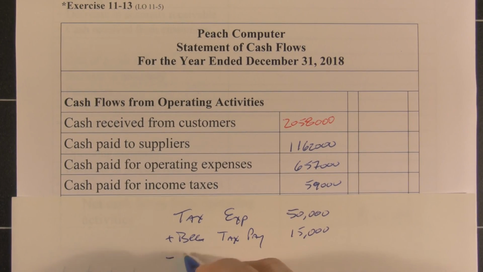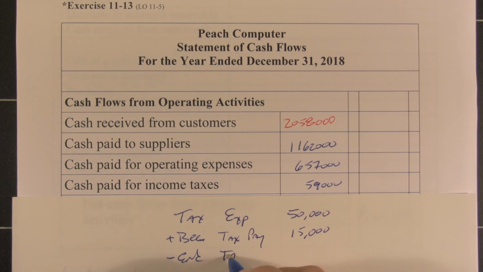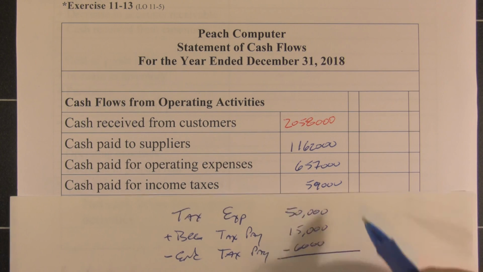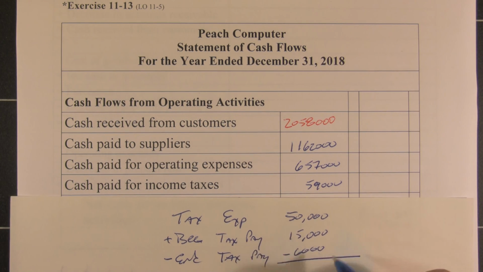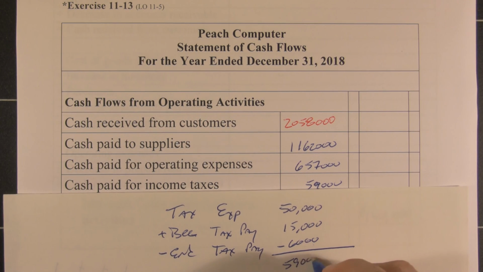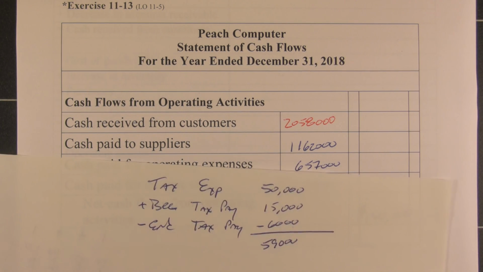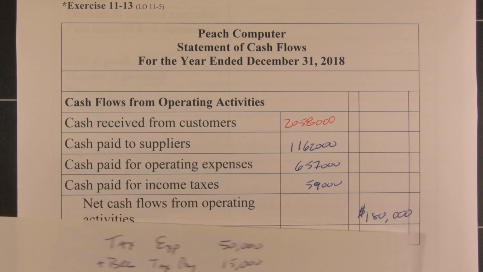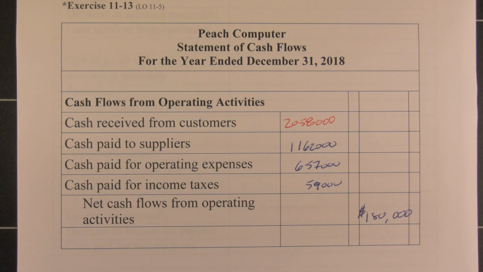The tax you didn't pay was the ending tax payable, and that was $6,000. So when you add that together, you come up with 65 minus 6, $59,000. You come up with the same exact number. It's just, in my opinion, a more commonsensical approach. Either method is correct, either method is accurate. Whichever one fits in your head better is the one you should use.